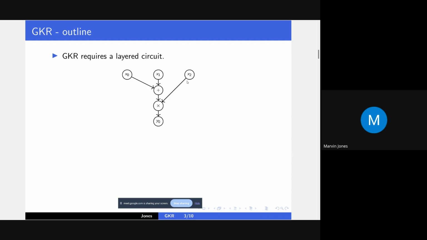So the fact that x2 is used down here is too far down. We have to add a dummy gate to preserve x2 down here. You can add 0 or multiply by 1 to achieve that. So now that we multiply by 1 to preserve x2, we have a layered circuit.